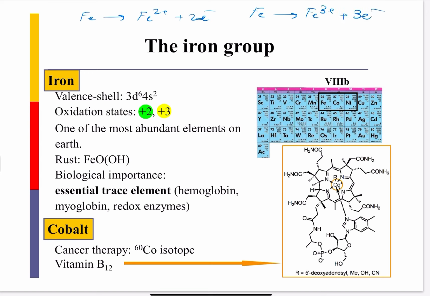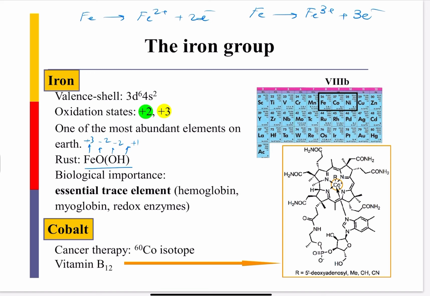We saw these 2 oxidation states in the last redox reaction. Also we can find it in rust, very important. Here the oxygen is -2, this oxygen -2, hydrogen +1, so iron must be +3.